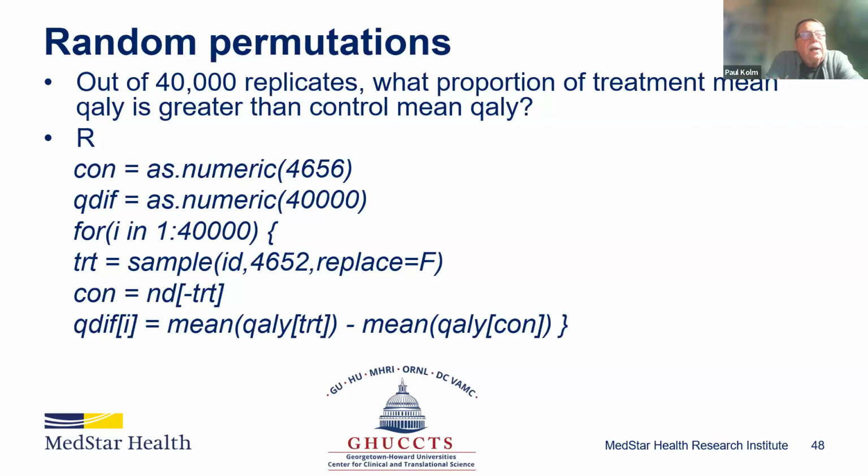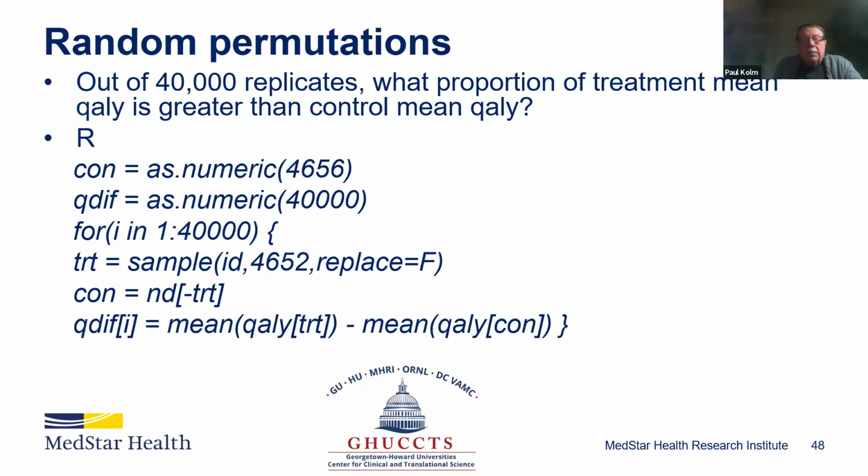For the TRT, the treatment group, I'm going to sample the IDs, 4652, and replace equals false in this case, because remember I am not replacing after each draw. And so that's my treatment sample. Then my control sample is just going to be the ID, or ND here, as I have, of the not treatment group. And then my difference is just going to be the mean quality of the treatment group minus the mean quality of the control group.